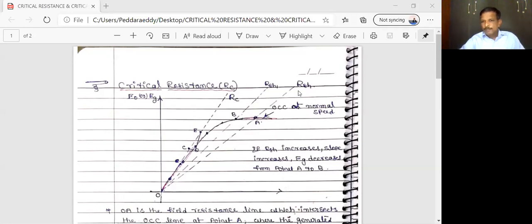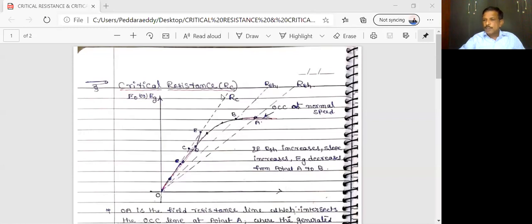So now it moves from RSH to RSH1, and when you increase the field resistance again, it moves from RSH1 to RSH2, and again RSH2 to RSH3, and at one point it touches the initial part of the OCC curve. That particular slope or curve is called the critical resistance curve or critical resistance line.